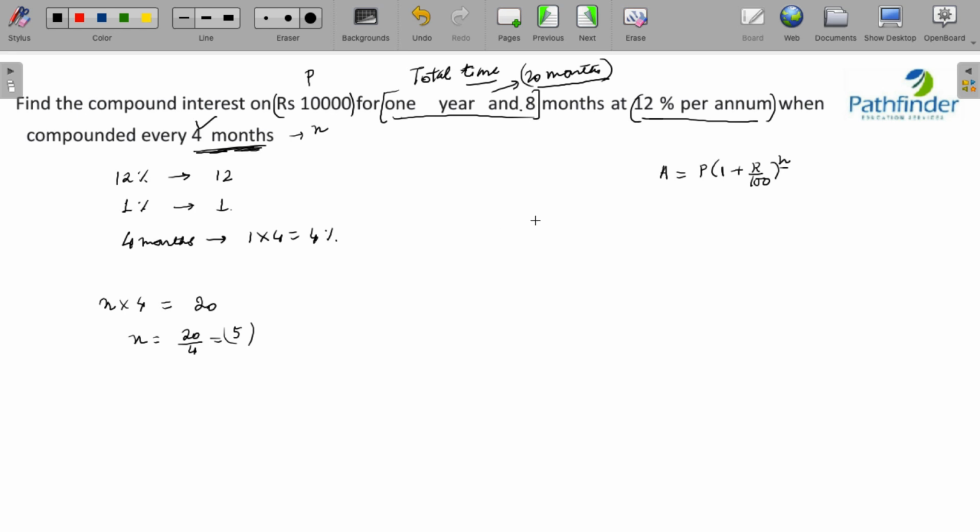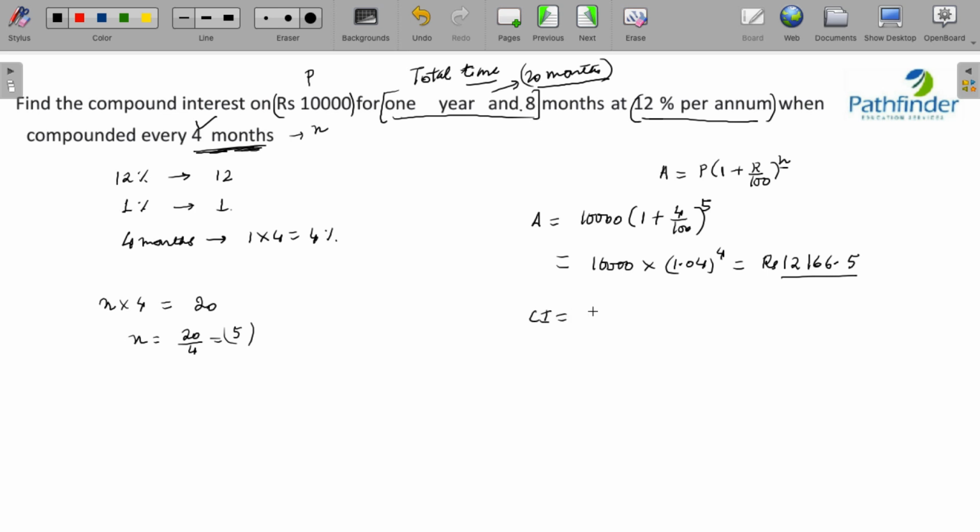All we need to do now is substitute the value in the given formula. 1 plus 4 by 100 to the power of 5. This is nothing but 10,000 into 1.04 to the power of 5. And if you calculate that, you will get 12,166.5 rupees.